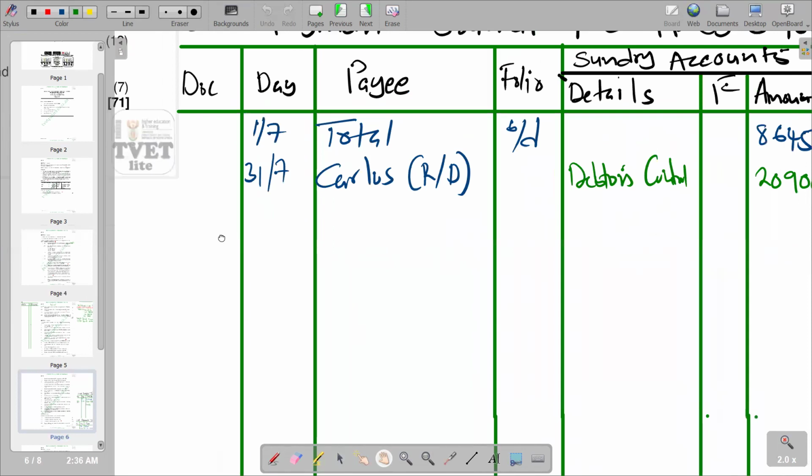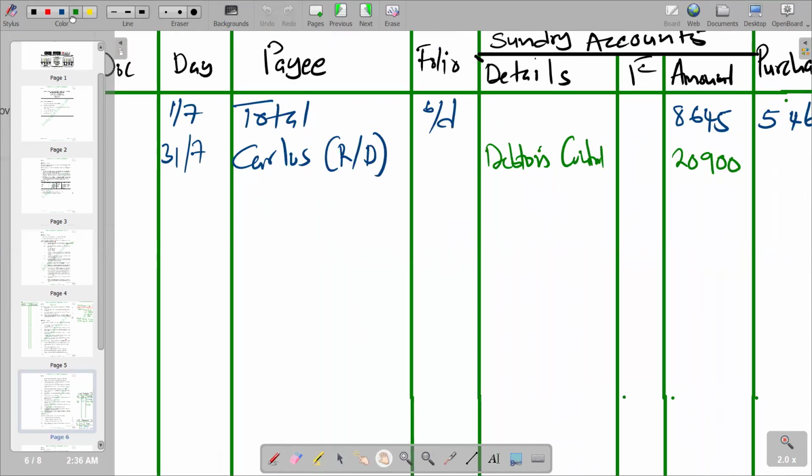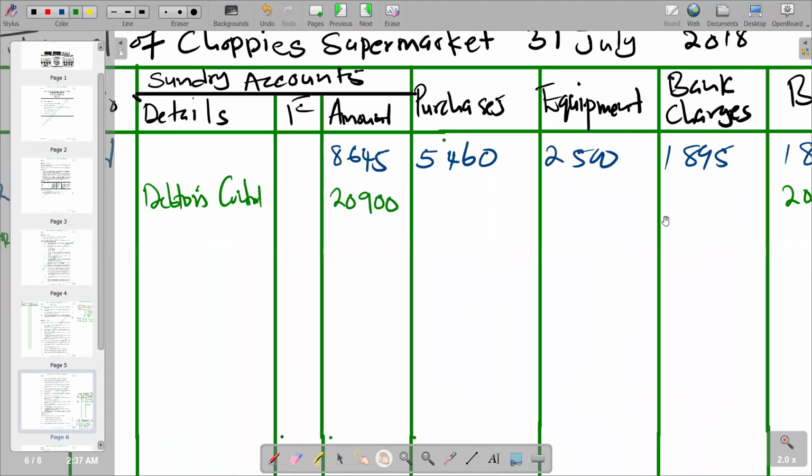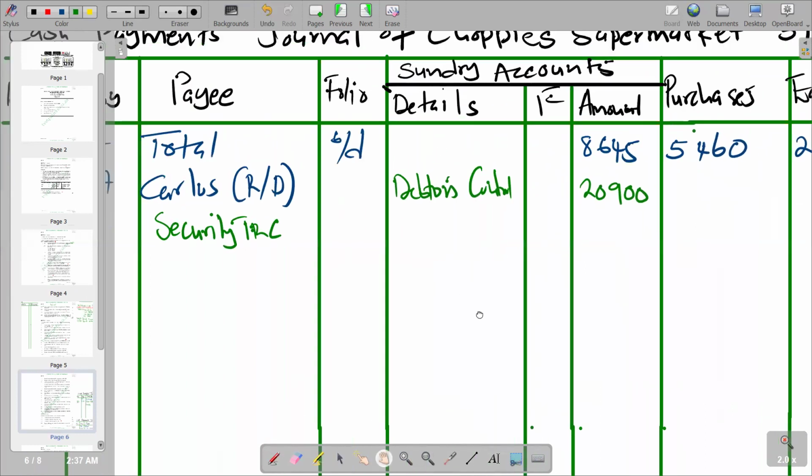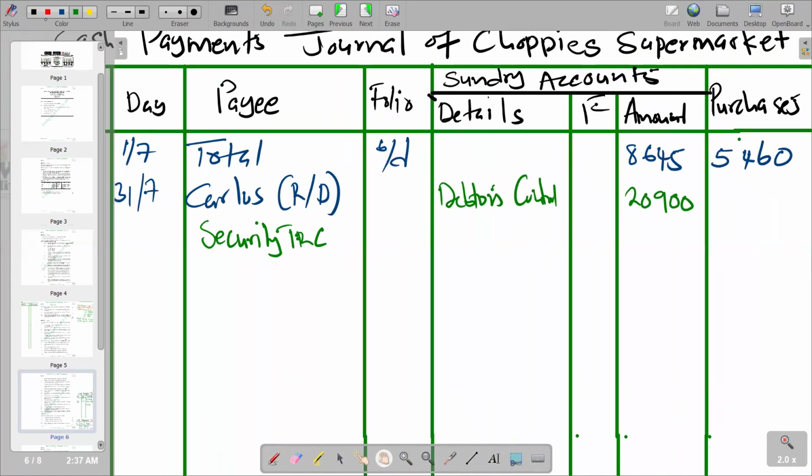Under the payee, we are saying Security TRC, and we are saying they're drawings. And we check the columns that we have: purchases, equipment, and bank charges. Drawings do not qualify, so they come under sundry. So we are saying drawings.